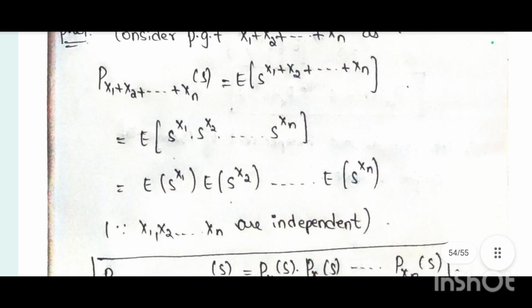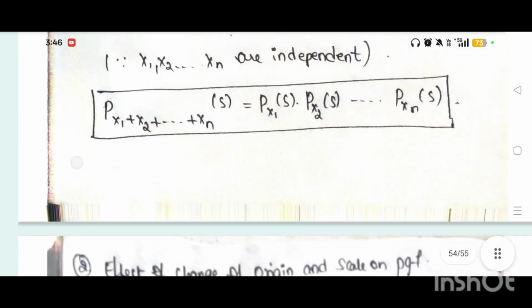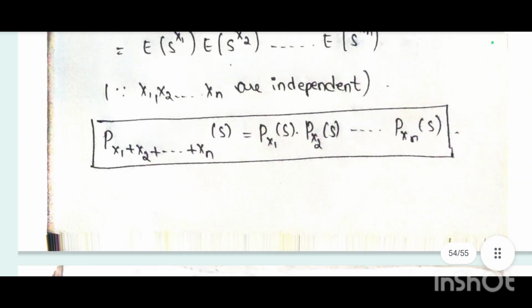When they are in addition in the power, they have to be multiplied. So the expected value of s to the power of x1 into the expected value of s to the power of x2 and so on. These are independent, so this will be proved.